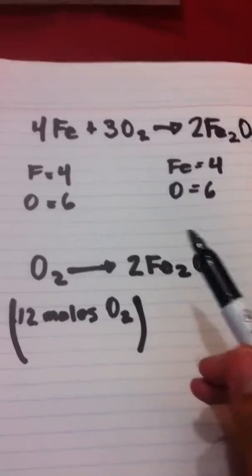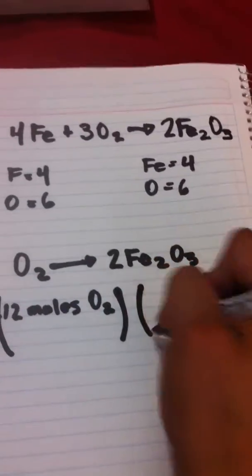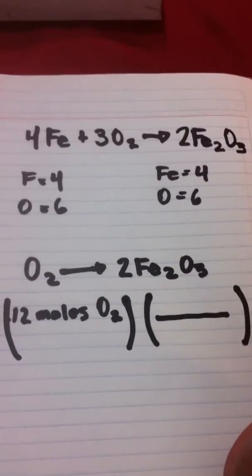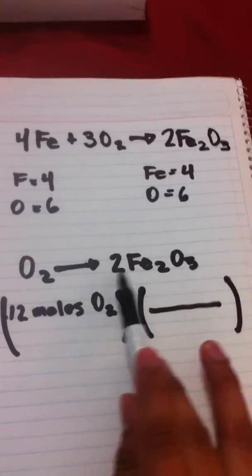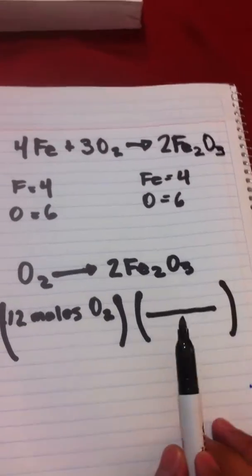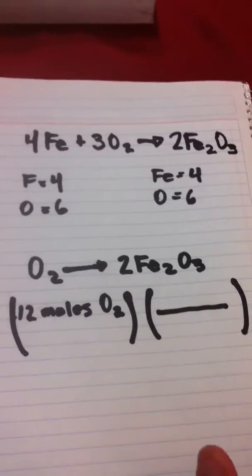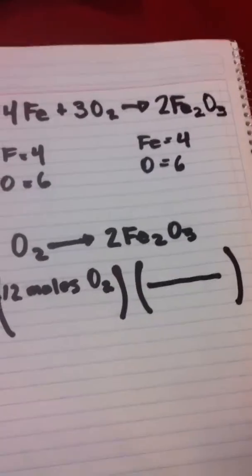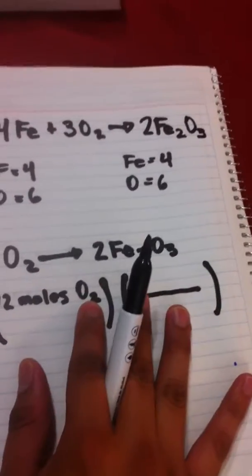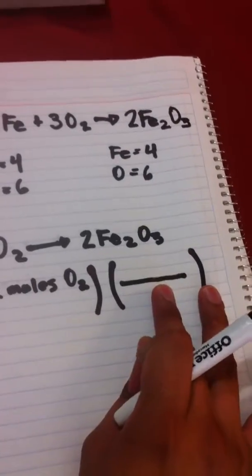And we want to convert that to moles of this final solution. The correct factor will be this one right here. So in order to get the moles of this, we need to multiply and divide times something, but after that multiplication and division, we need to eliminate these moles, right? Moles of O2.